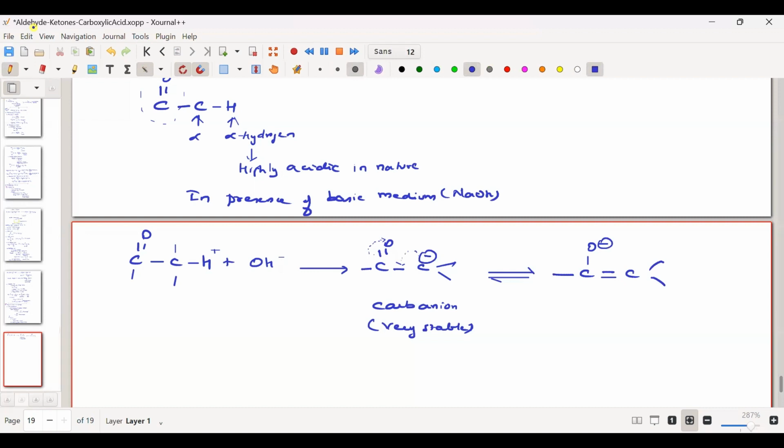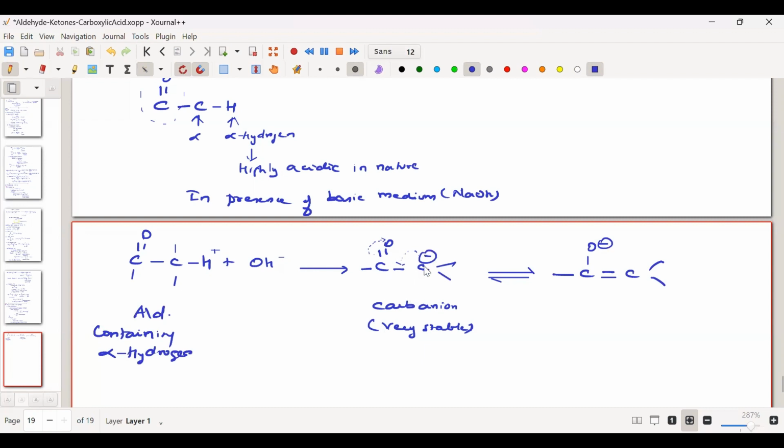Are you all able to understand this? This is my substrate, which has an alpha hydrogen. So this is basically my aldehyde containing alpha hydrogen. If I react this in a basic medium, the alpha hydrogen is removed and a carbanion forms.